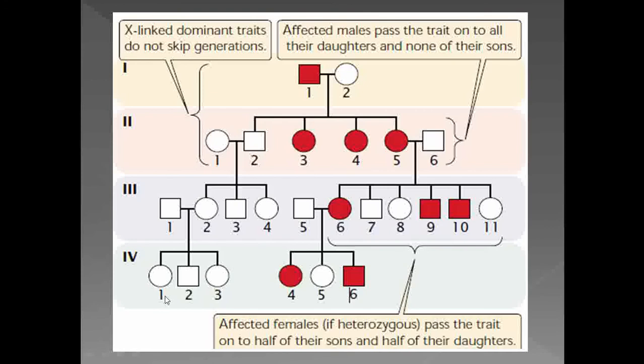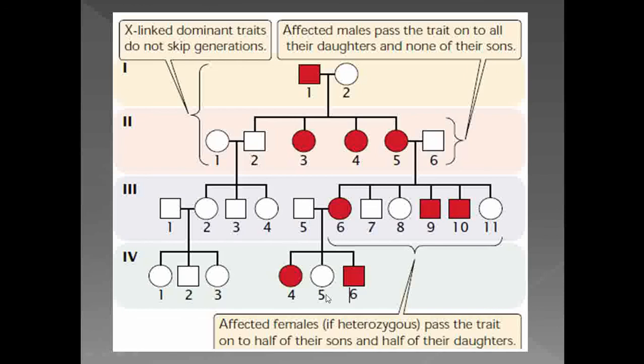Just see here, this is the pedigree analysis, which can indicate this affected male. What I told you in the earlier slide: if the male gets affected, it will affect the female child. But if the female is affected, then there is a 50-50% chance of transmission of the disease to the son as well as the daughter.